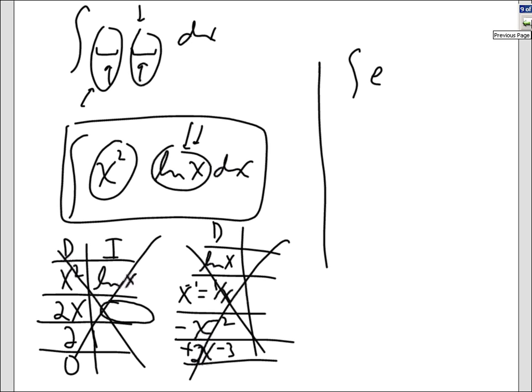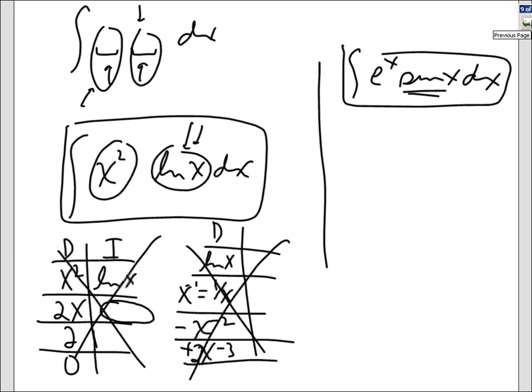Earlier, it was a pain in the neck to do a problem like this. Possibly we did it with cosine x. We had to do it twice. We got back the same result. We got this back again on the other side. This too will not work with the spaghetti method or the tic-tac-toe method.